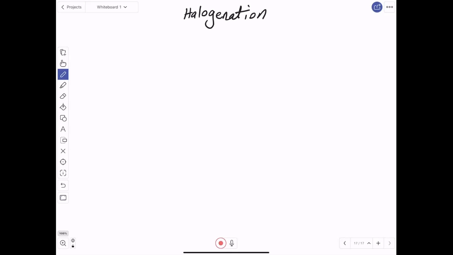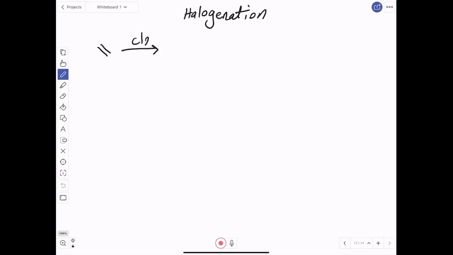The next reaction is halogenation of alkenes. Halogenation is a key step in the production of PVC. So ethylene is formed from cracking petroleum.